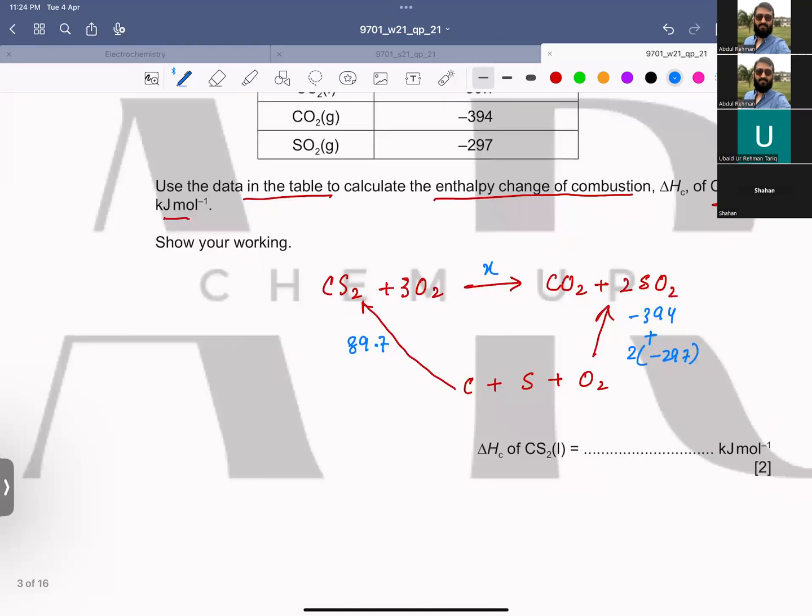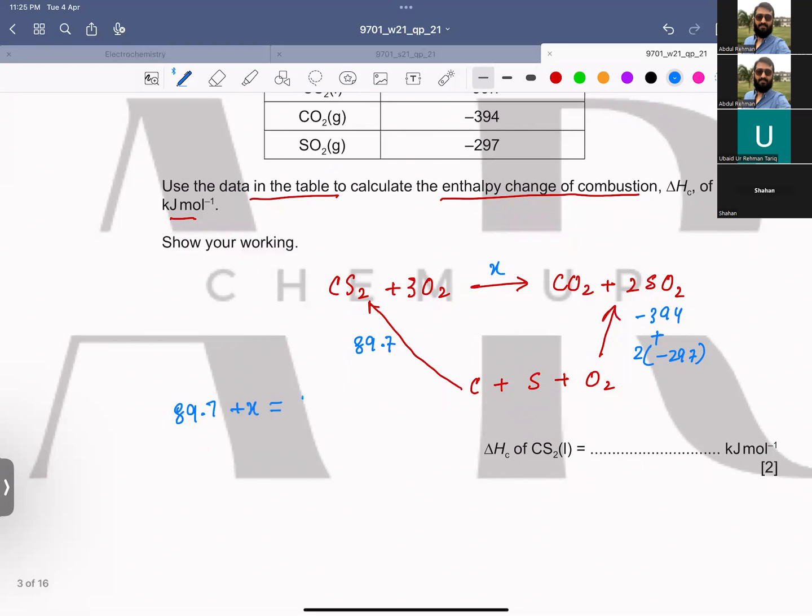So if I write the expression, it would be 89.7 plus X is equal to minus 394 plus 2 times minus 297.